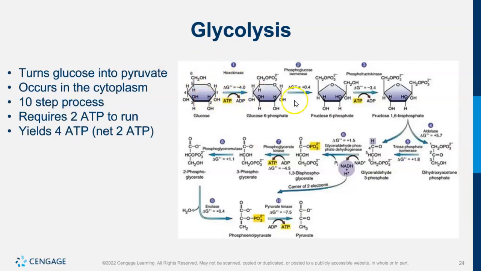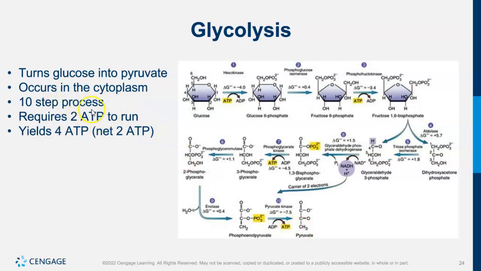This shows you all of the steps of glycolysis. We go from glucose to glucose 6-phosphate and down the line this way, and after these 10 reactions happen, we end up with pyruvate. What I need you to know is that glucose gets turned into pyruvate.